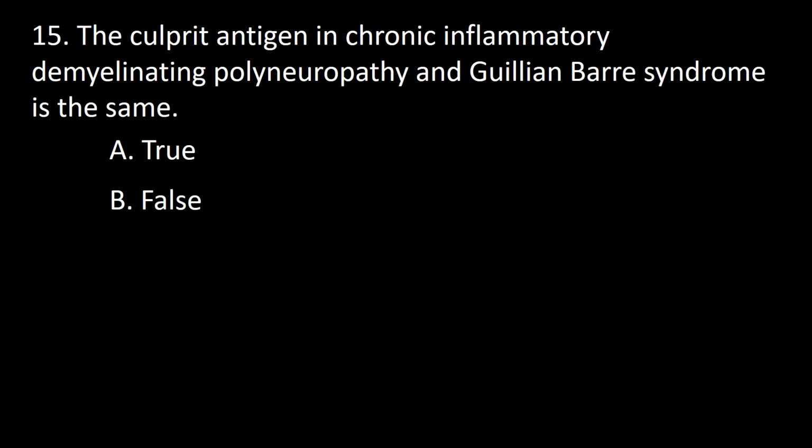Next question. The culprit antigen in chronic inflammatory demyelinating polyneuropathy and Guillain-Barré syndrome is the same. A true, B false. In this frame, the yellow cylinder represents an axon and the blue myelin. I have now added a leukocyte to portray the cell responsible for the production of antibodies and divided the frame in two.